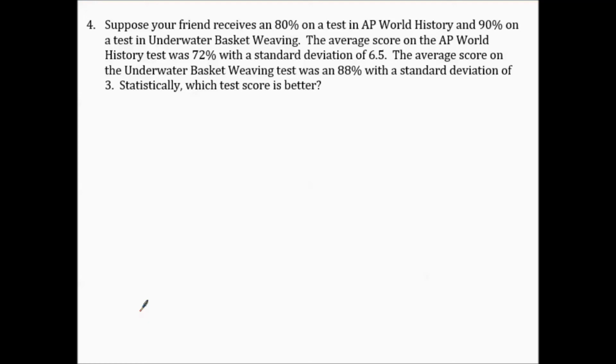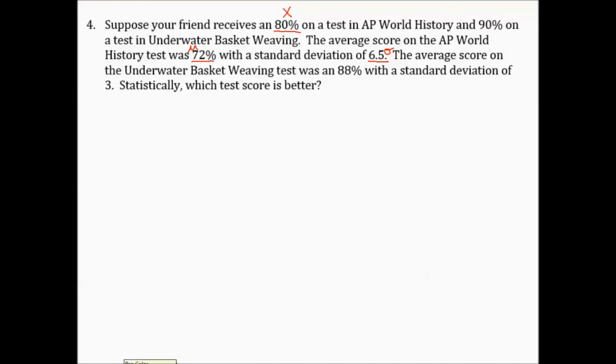So we have a lot of information in this problem. First, let's label things. We know that your friend got an 80 on an AP World test. So that's going to be our x. The class average for AP World was a 72, so that's going to be our mu. And the standard deviation was 6.5, so that is sigma.